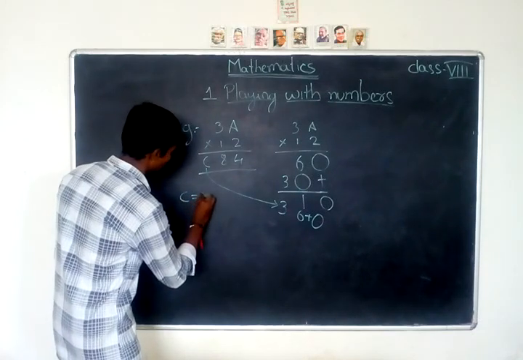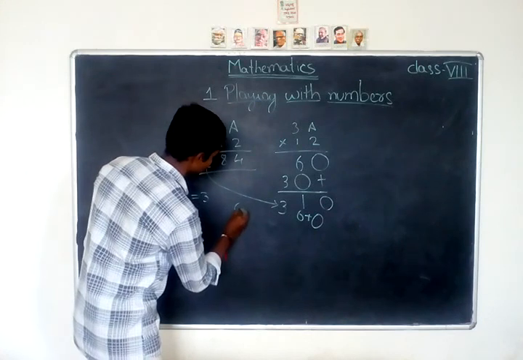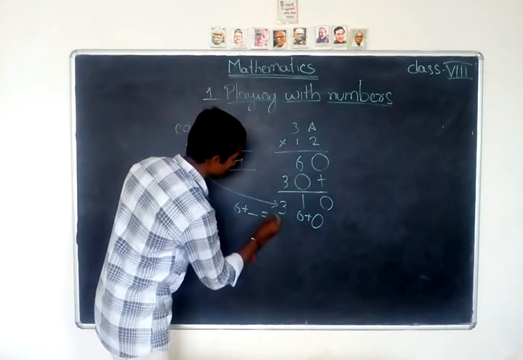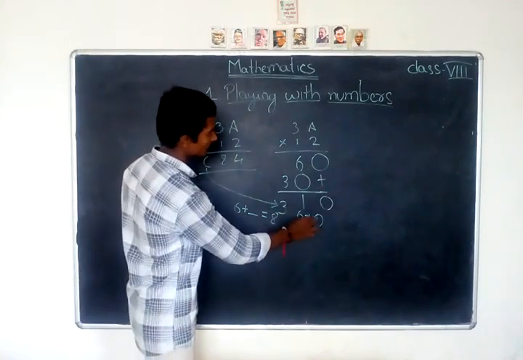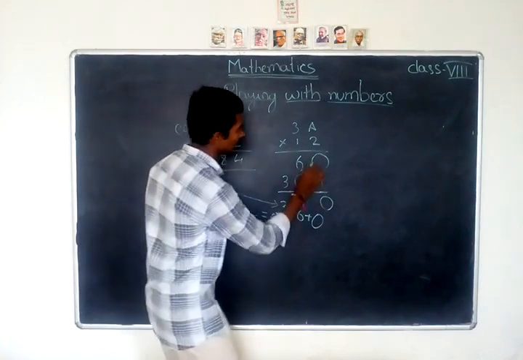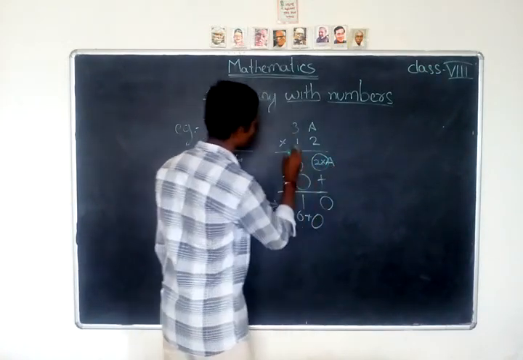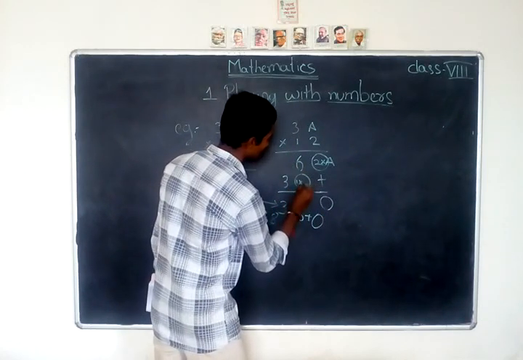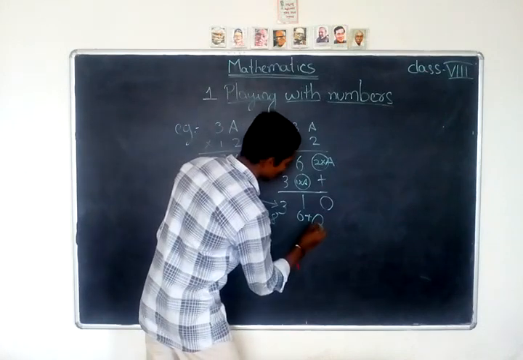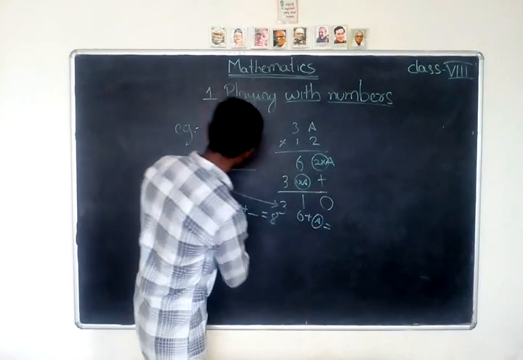So C is equal to 3 and 6 plus some number is equal to 8. What is this number here? This is 1 into A and here it is 2 into A. Here it is 1 into A. So this is 1 into A is 8. 6 plus A is equal to 8.